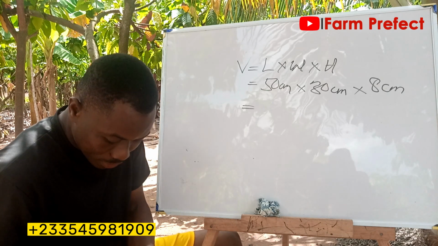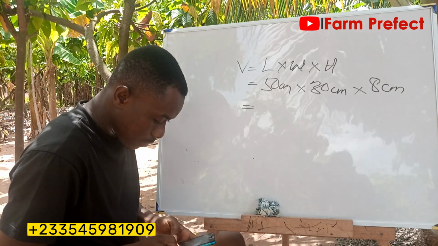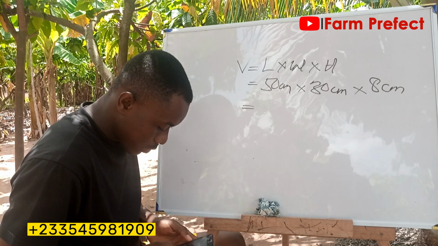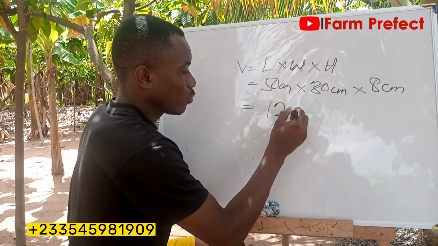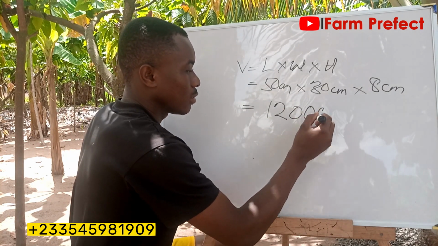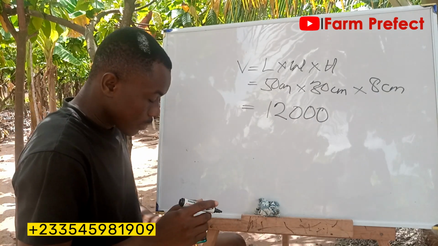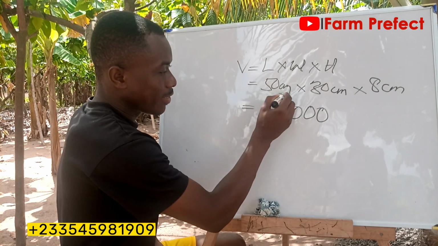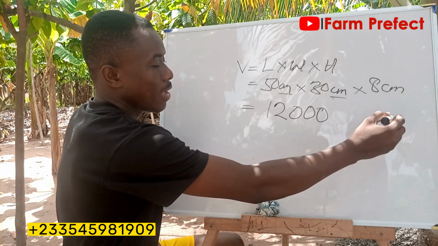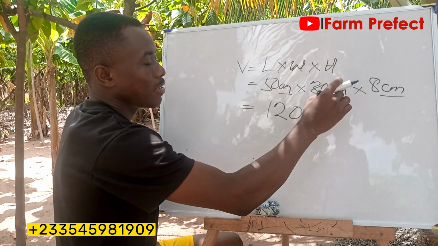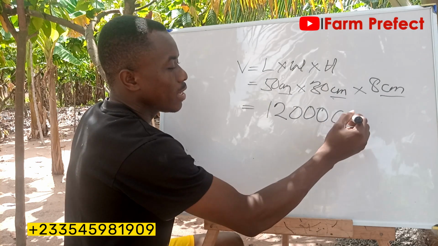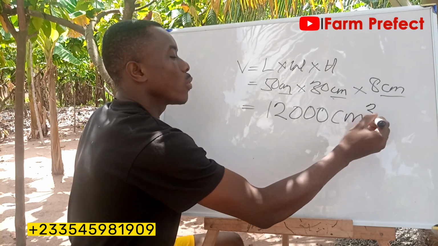So we have 50 times 30 times 8. That would be giving us 12,000. Remember, we have a cm here, a cm here, a cm here. So these three, cm times cm times cm, will be giving us cm cube.